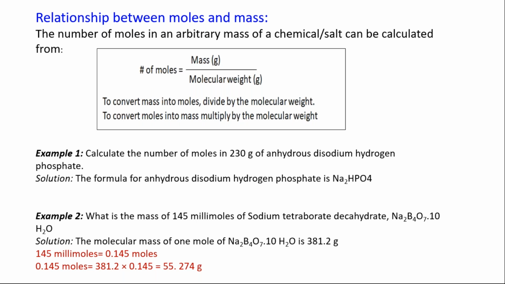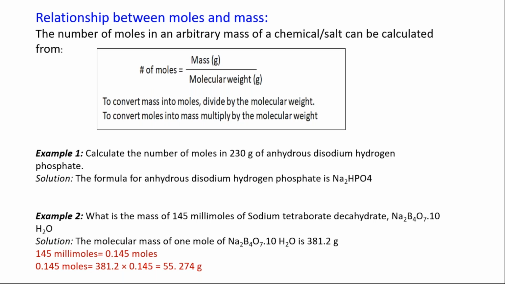To convert moles into mass, you multiply by the molecular weight. Okay, so to convert mass into moles, you divide by the molecular weight. To convert moles into mass, you multiply by the molecular weight.